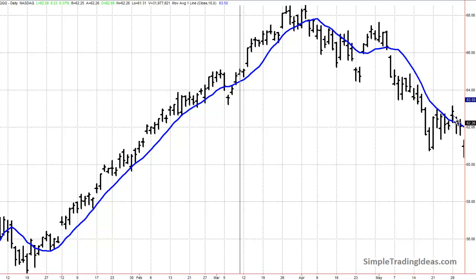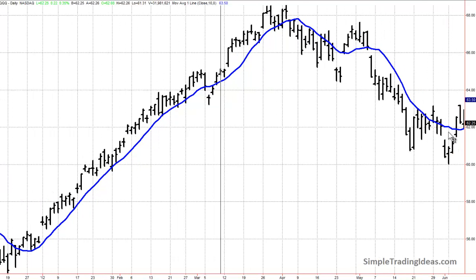What happens here is the close above, so we're out of the short. Here we actually buy the open, and we are then officially long. And then, as you can see, it's closed below the moving average. We're officially short.